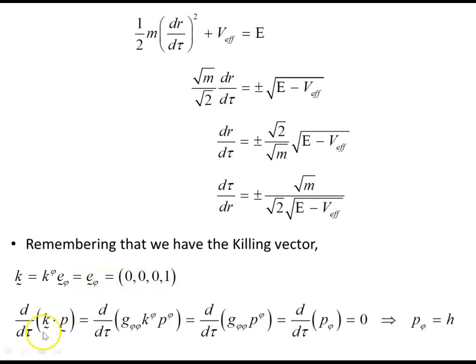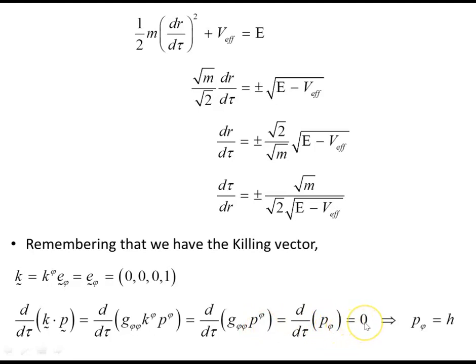Anyway, so from the conservation along the Killing vector, we have d tau of k dot p. It's the Killing vector k, and this is the four-momentum of the particle. So we have d tau g phi phi, k phi, p phi. Okay, we contract, k phi is just 1, so that drops out. So we have g phi phi times p phi, upper index there. Now the metric term g lowers this p to give us the covariant form, the one-form, p lower phi.